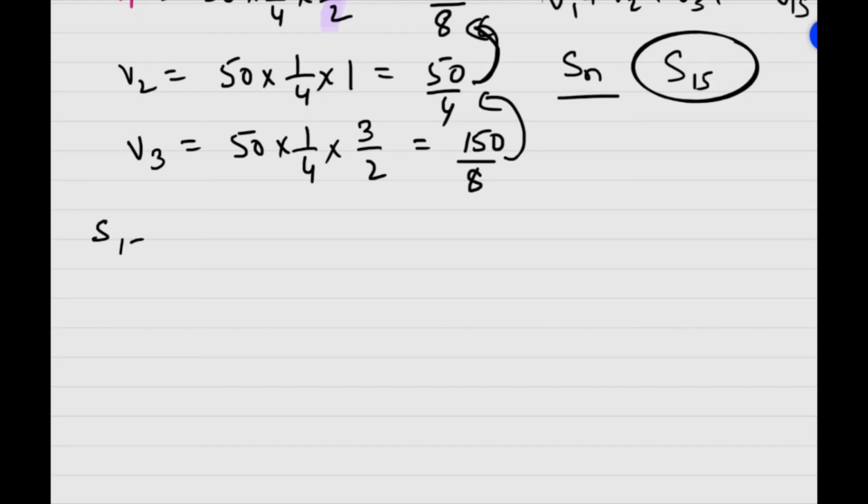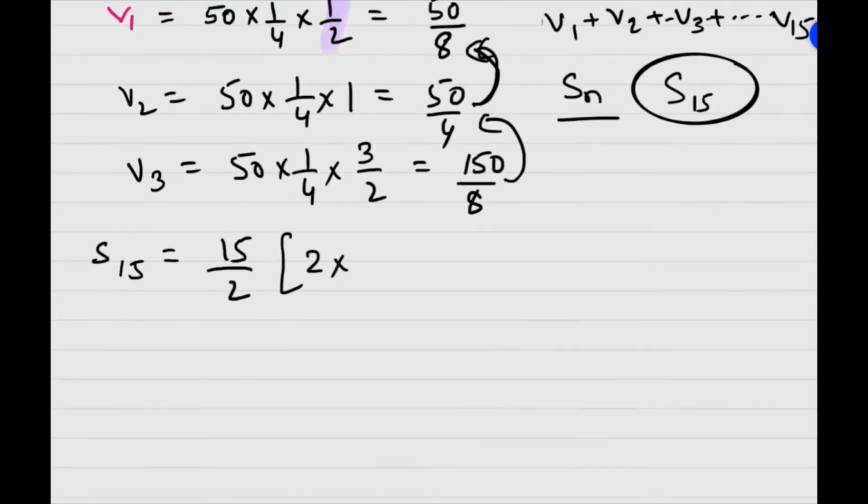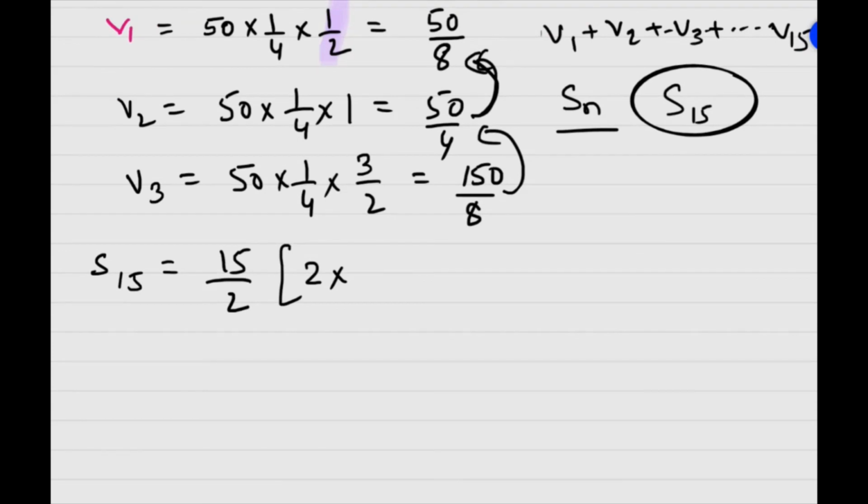So S15 will be equal to N by 2 into 2A plus N minus 1 into D. Your A is, what is your V1? V1 is your A and V1 is 50 by 8. You can see here children, this is 50 by 8 we have calculated. So 15 by 2 into 2A, A is 50 by 8, plus N minus 1, that is 15 minus 1, 14, and your D is again 50 by 8.